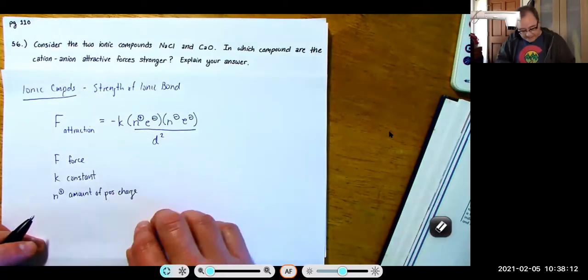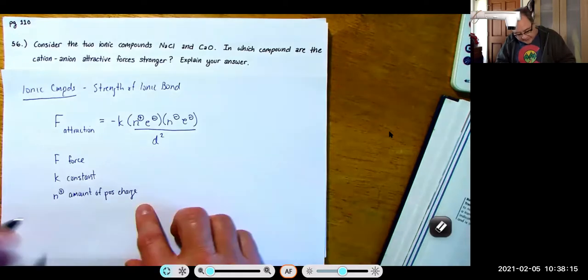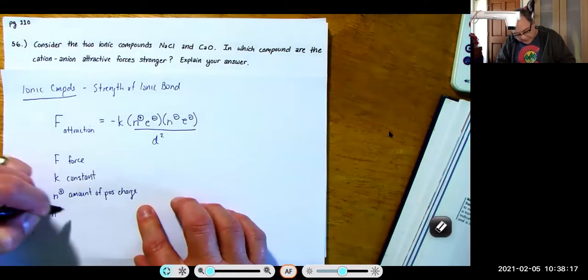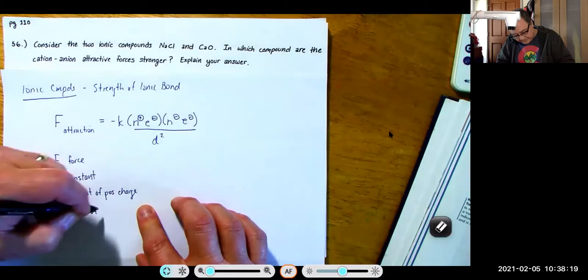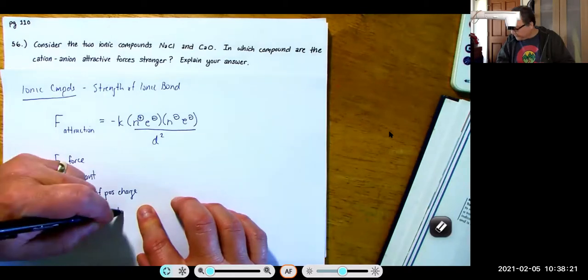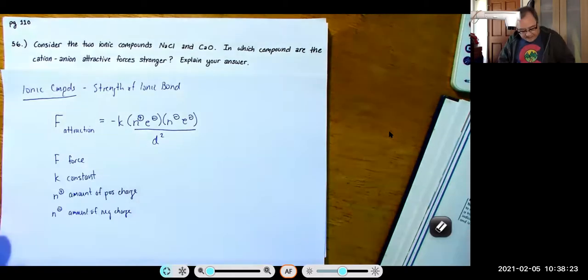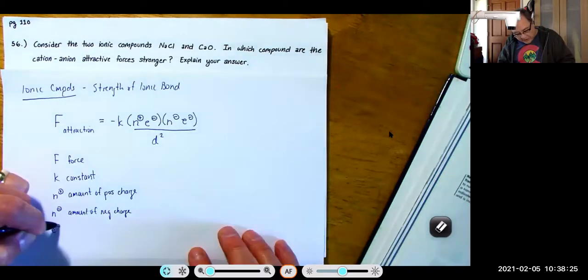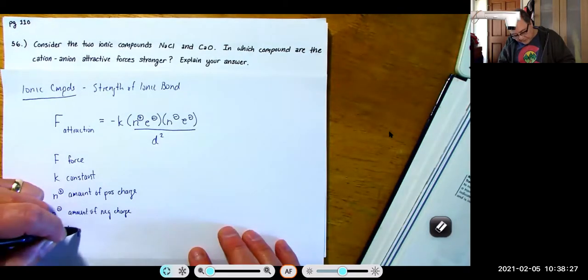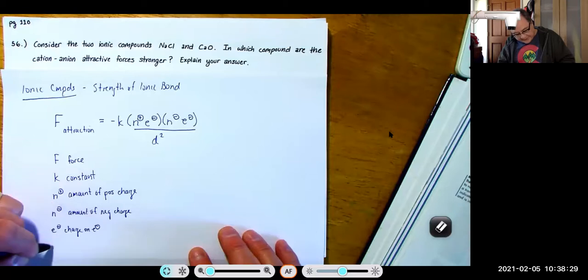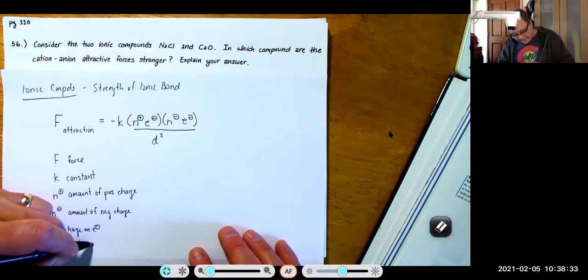And N minus is the amount of negative charge. E is the charge on an electron. And D is the distance between nuclei.